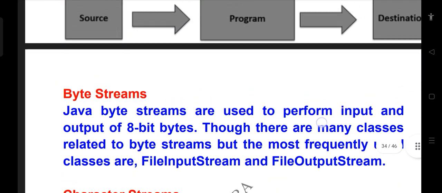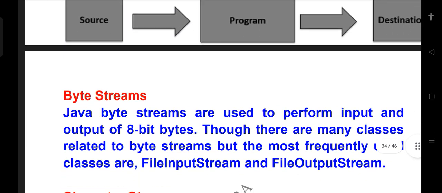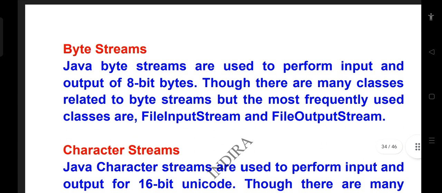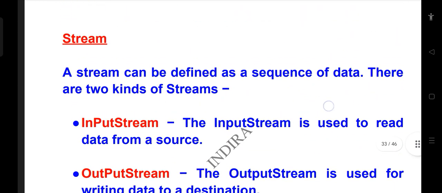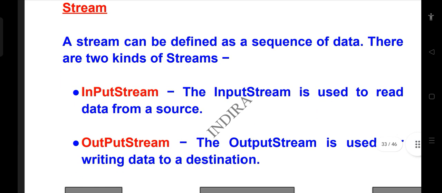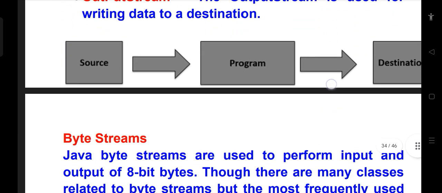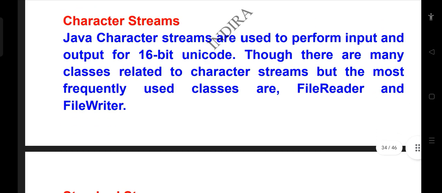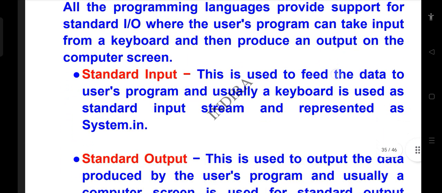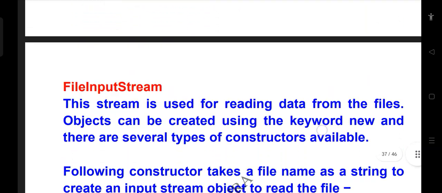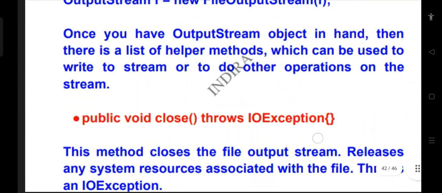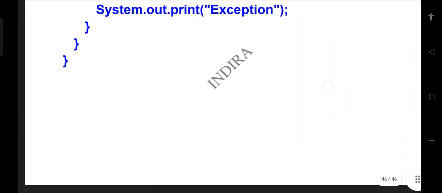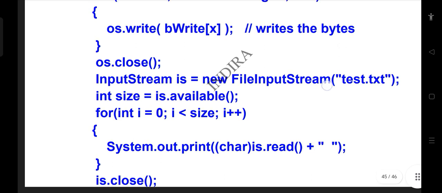And the last topic of this fifth unit is streams. Streams is nothing but a sequence of data. There are two types, input stream and output stream. Along with this, byte streams, character streams and standard streams are also covered. Then file input stream and file output stream, their operations, and an example of file input and file output stream.